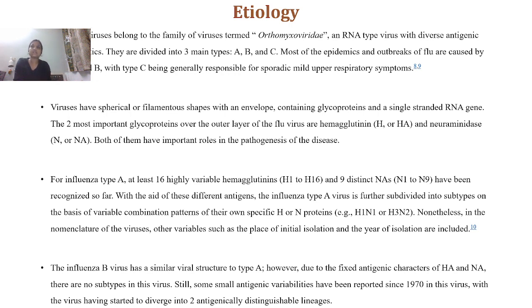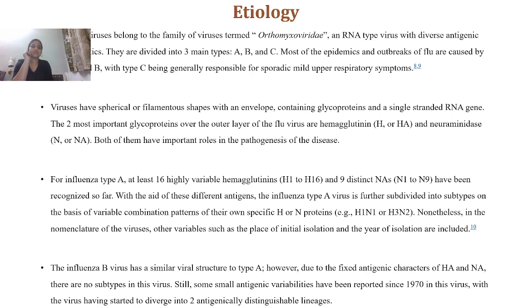If it is human origin, it will be given human. If it is swine, meaning pig, it will be swine origin. If it is from birds, it will be of avian origin. And also when it was first isolated, for example, there are strains like the New Mexico strain, and strains from Puerto Rico, which we call the PR8 strain. So depending on the place of isolation, these viruses will be named.